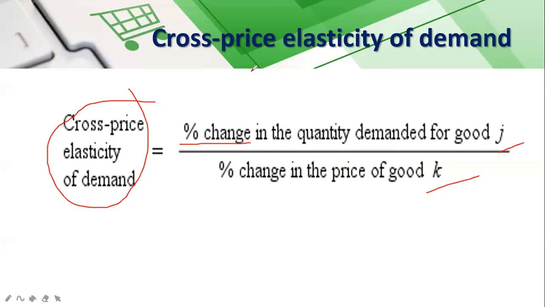Most likely, good J and good K are substitute products, or maybe these goods came from different markets or different corporations.